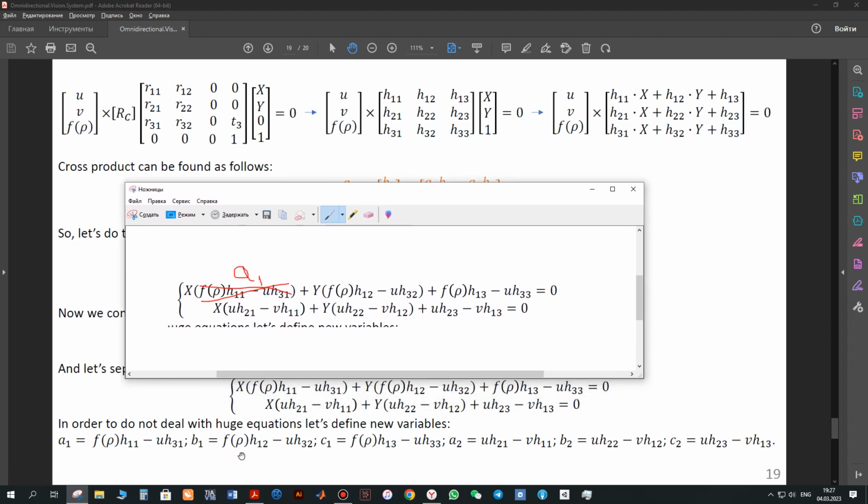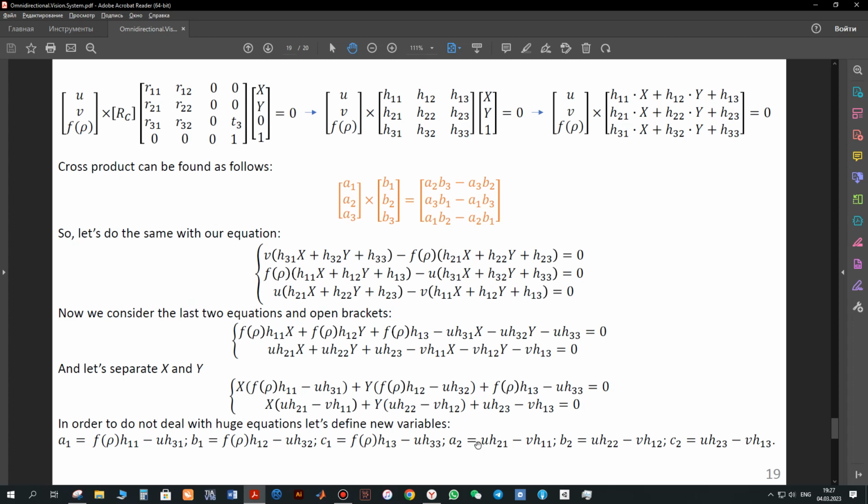Second one is this one, we will write b1, and this one will be c1. Similarly here, it will be a2, b2, and this one will be c2. So we just find x, y, and next we replace the values back again.